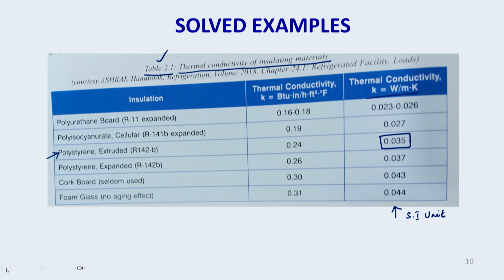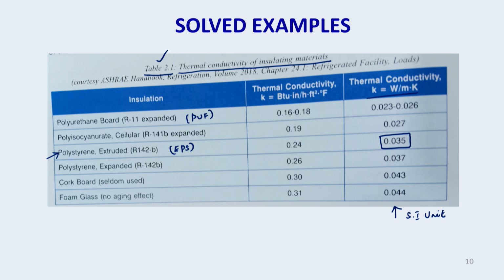The first material given in the table is polyurethane board, that is nothing but PUF, polyurethane foam. There are two EPS, one is extruded, another one is expanded.